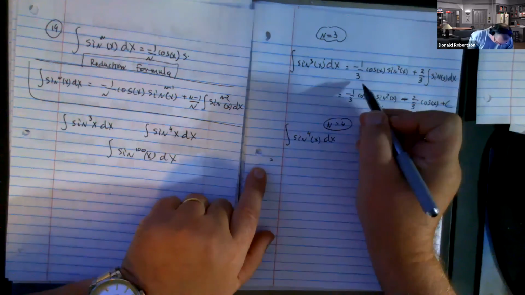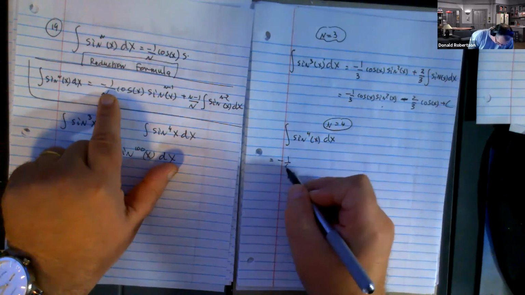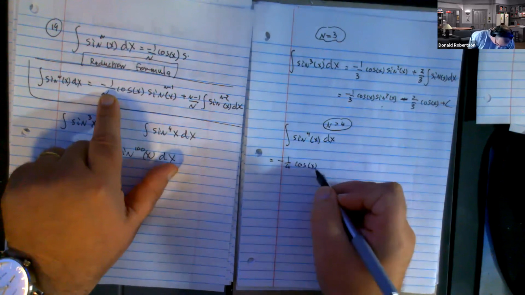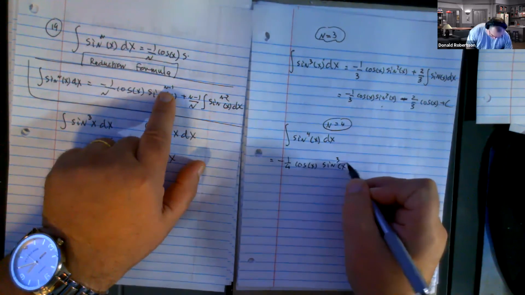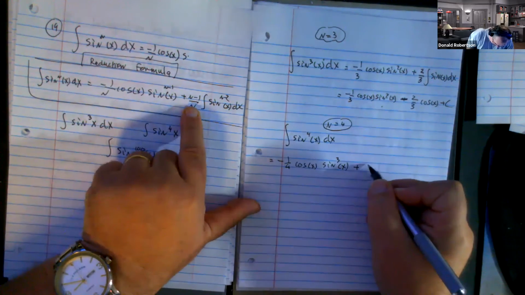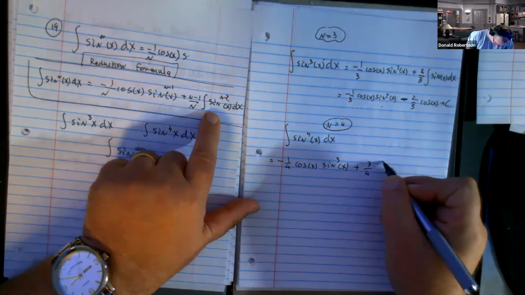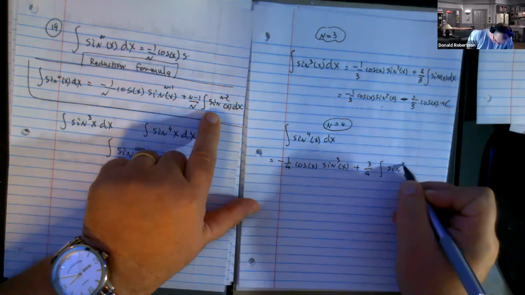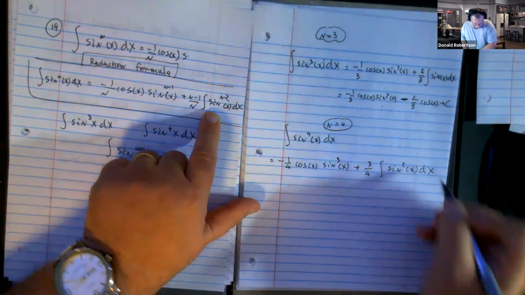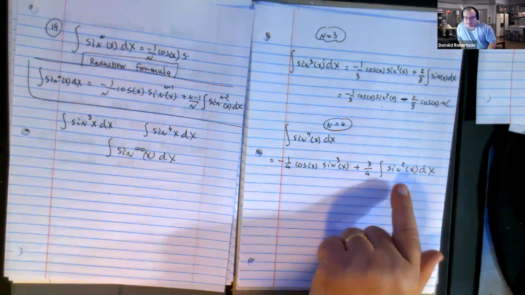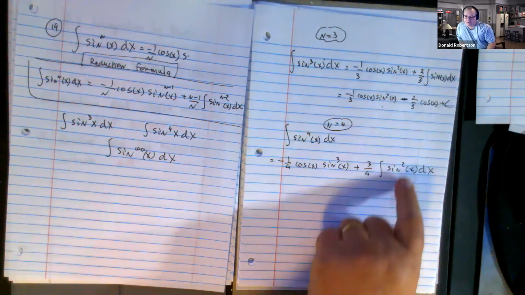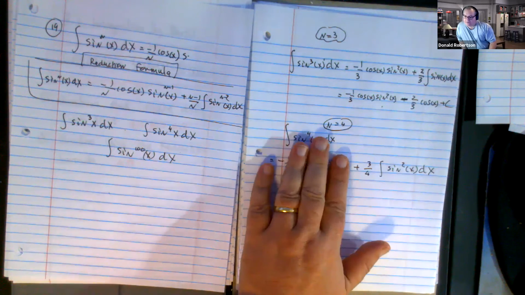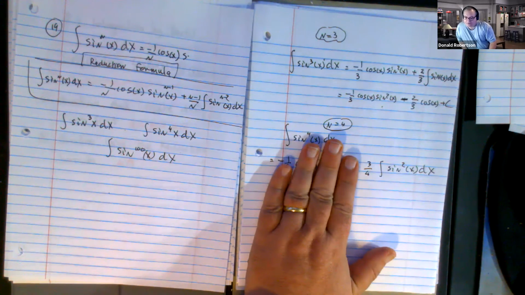We get -1/4 cosine of x, the sine of 4 take away 1, so it's cubed, plus 3/4 the integral of sine squared x dx. Now, wait a minute. I don't know the answer to this. I knew the answer to sine x, but I don't know the answer to this. How do you think I'm going to get the answer to sine squared x?